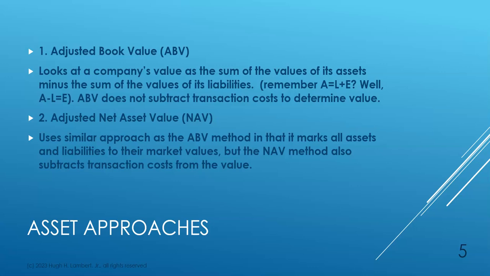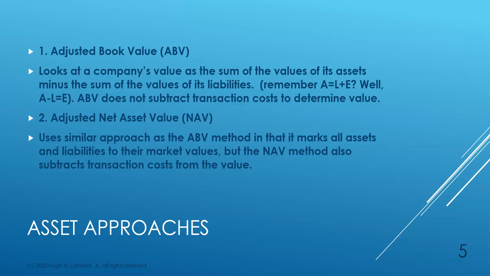So under the adjusted book value method, you take a look at a company's assets and you mark those assets to their current market value from their accounting cost or whatever their depreciated value was. And you don't do this only for fixed assets, you do this for all assets. But if you think about a company's assets, you have things like cash, accounts receivable, inventory.